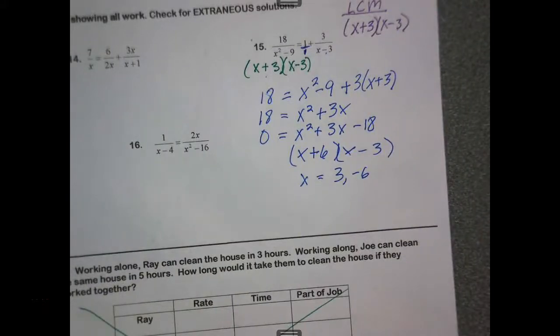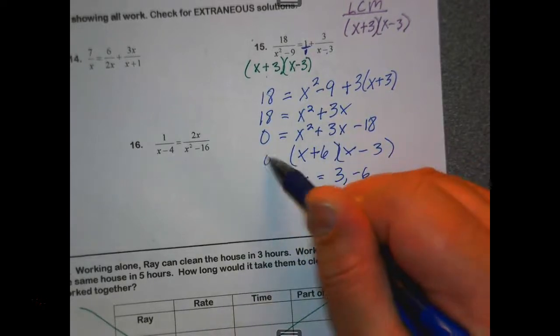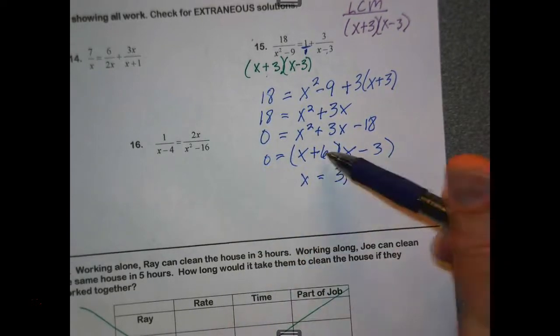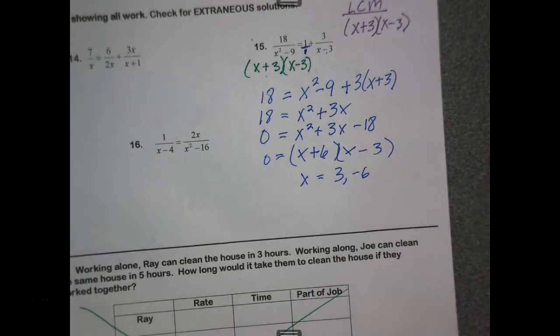Guess what we get to check? Negative 6, positive 3. So I set each factor to 0, yes. In this case, we're flipping the signs. Check. By the way, is 3 going to work?